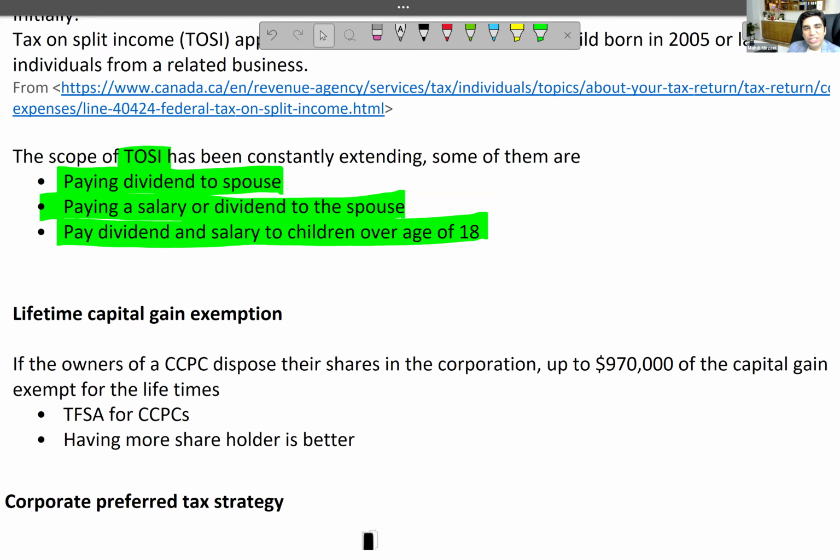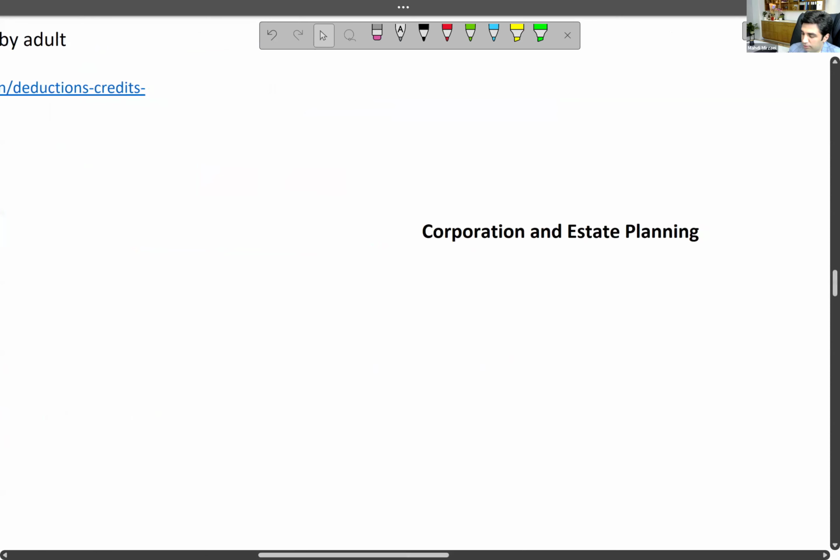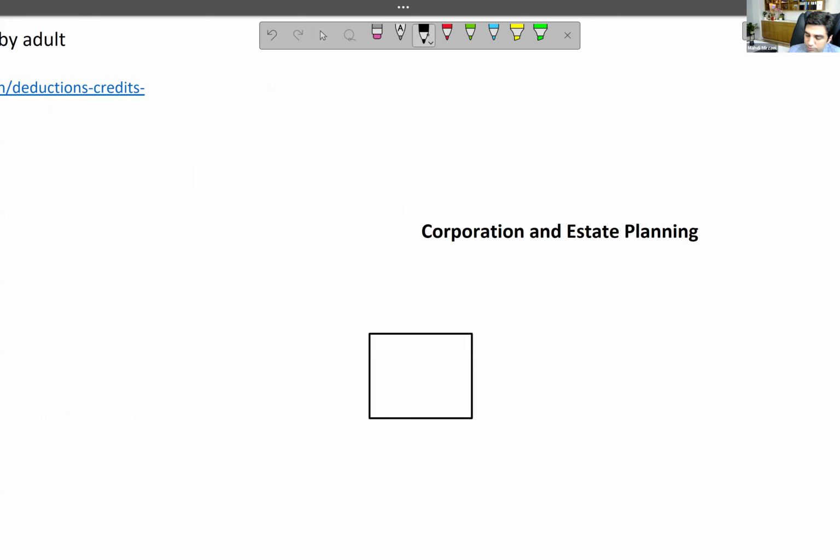If you sell the shares of that corporation, let me just explain it here. You are the owner of this corporation. And now you have built a business here worth $2 million. How much money did you put in? Zero. So now you want to sell it.